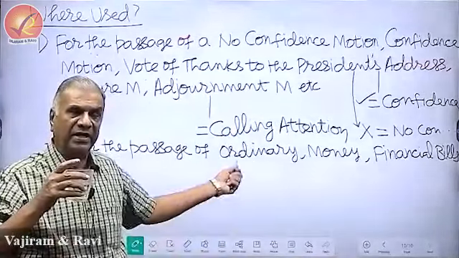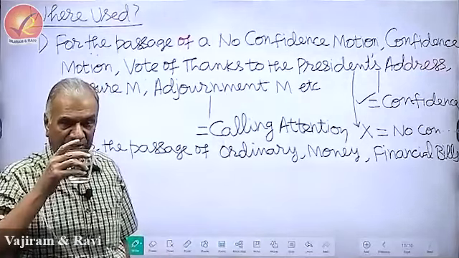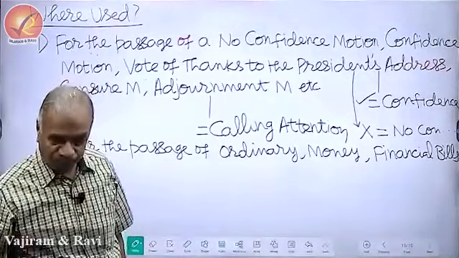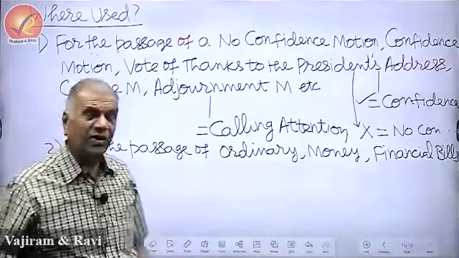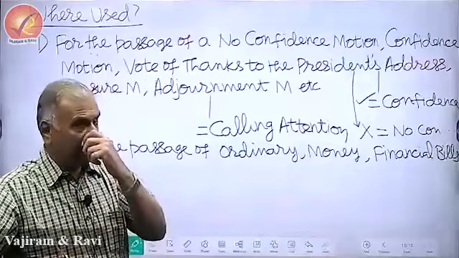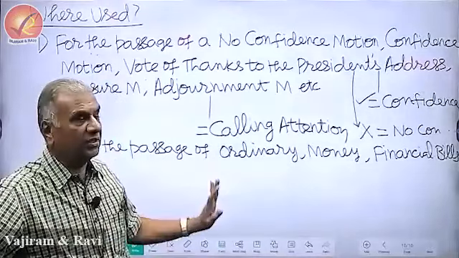These three categories of bills are passed with simple majority. Whereas the constitutional amendment bill is passed with a special majority.